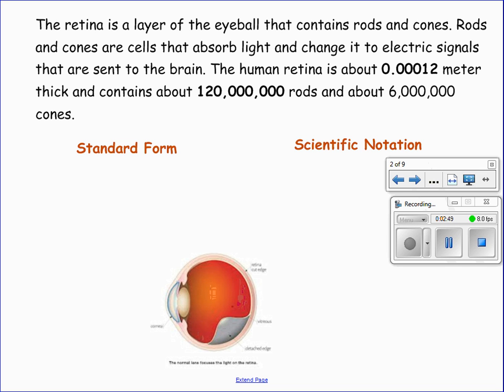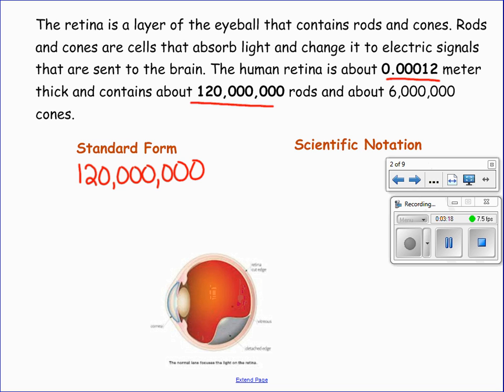Now we're going to take two of these numbers and change them from standard form to scientific notation. Let's take the larger number in standard form. Now we're going to change 120 million to scientific notation.